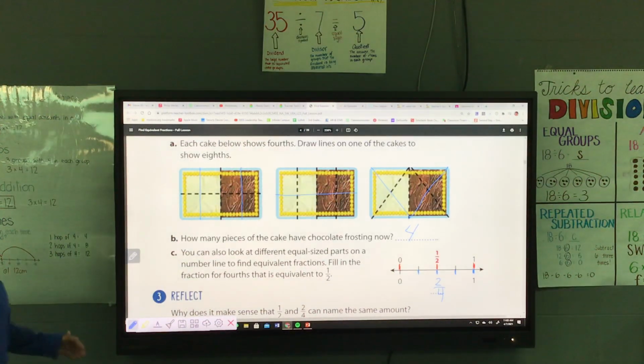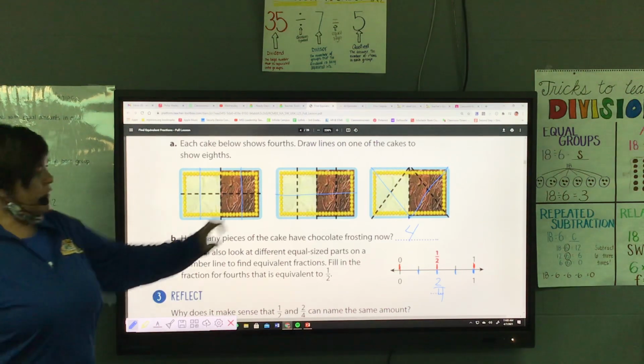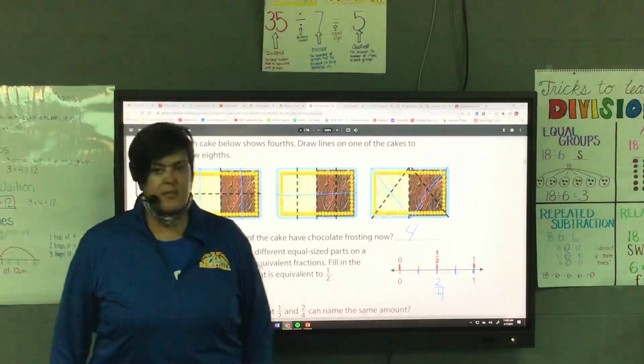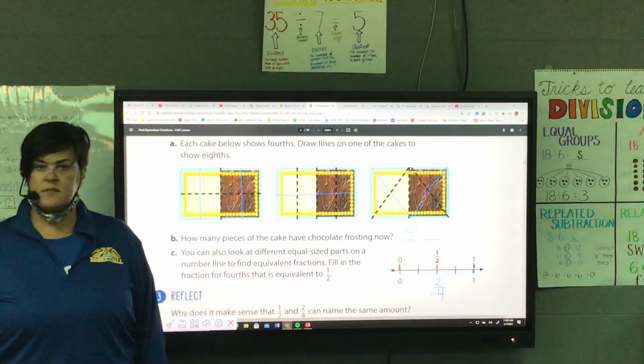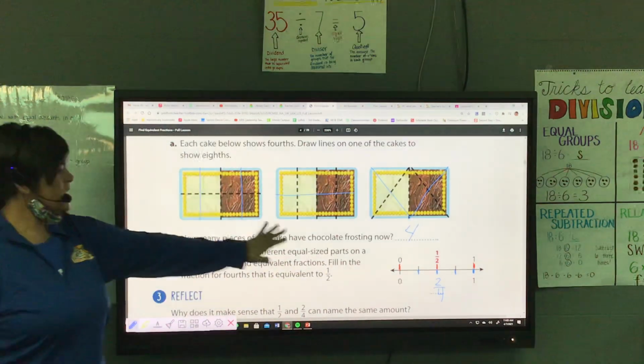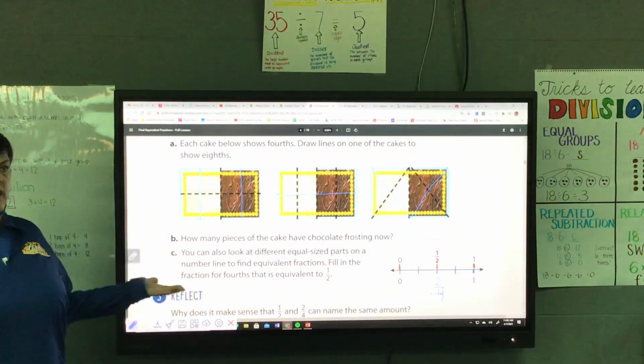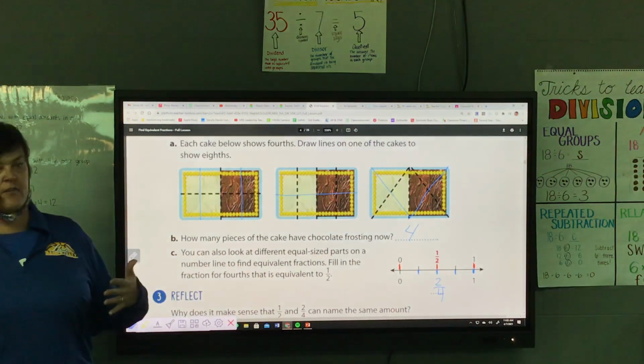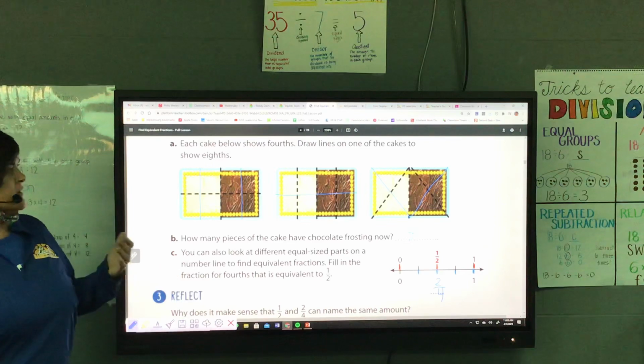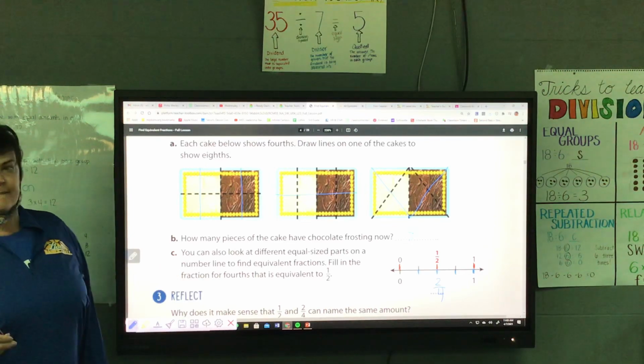Equal to. How do I know they're equivalent? Whether I look up here or whether I look on this number line. How do I know they're equivalent? 1/2 and 2/4. Connor?